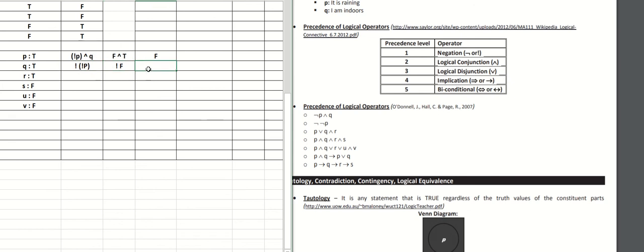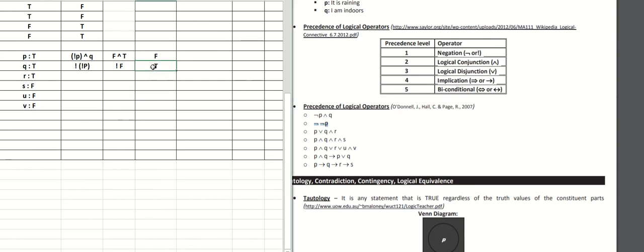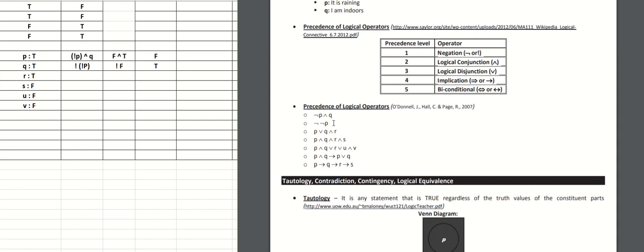Therefore, not false is true. So the truth value of not not P is true. As you can see, we follow the precedence of logical operators. We get the negation of P first. Let's try another one.